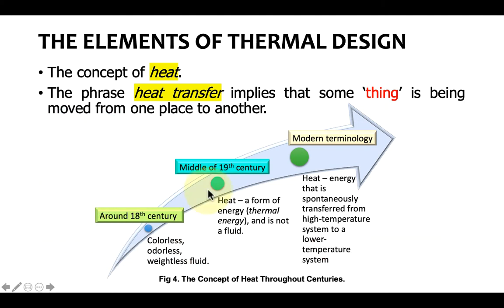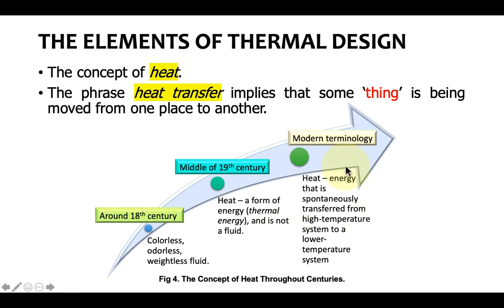Then, in the middle of the 19th century, as technology evolved, it was later discovered that heat is simply a form of energy called thermal energy and is not a fluid.